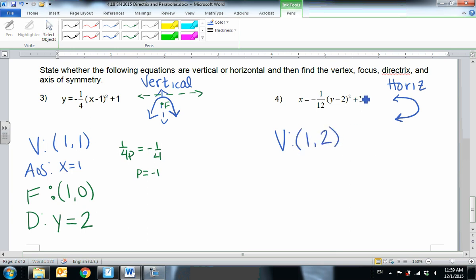Good. If it helps you, write out the formula: x equals 1 over 4p times (y minus k) squared plus h. Because remember, your vertex is always h comma k. So we get the h value from out here. So that's our 1. And then our k in this instance is on the inside, which means we flip the sign. So it's a positive 2.